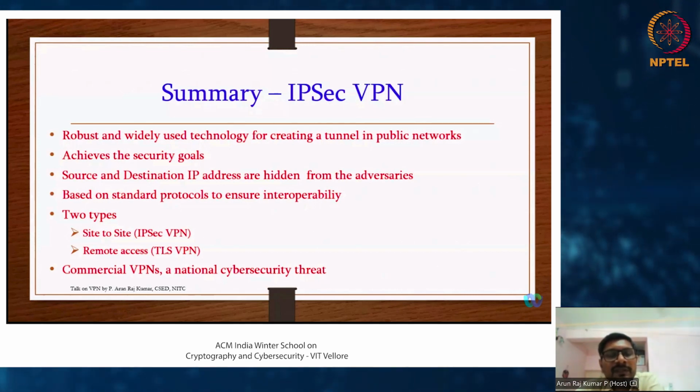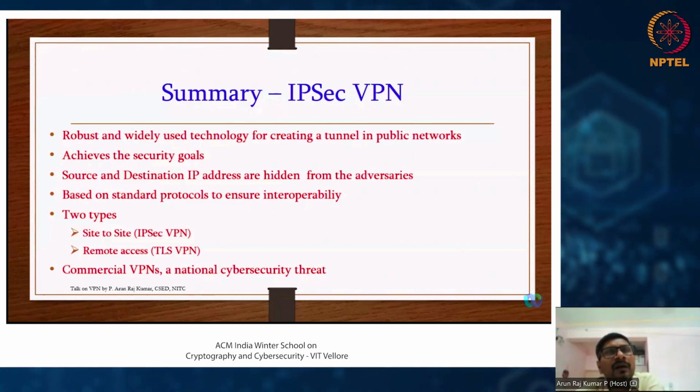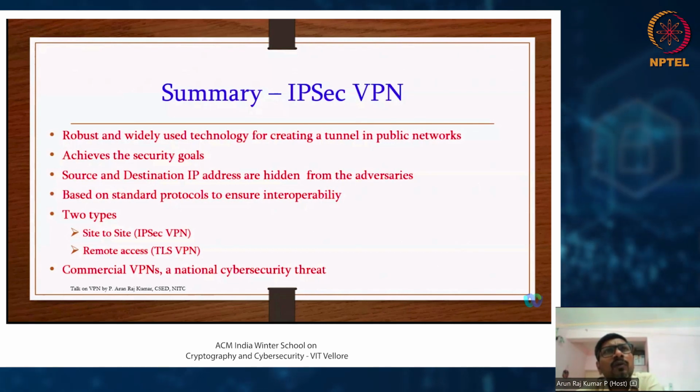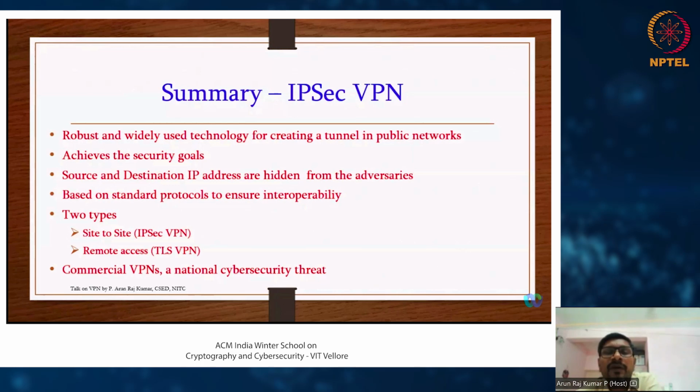Commercial VPNs are basically a national cybersecurity threat. This is from the Indian perspective. India is classifying commercial VPNs as a national cybersecurity threat. To summarize, there are almost 2,500 VPN servers worldwide, and I think some one third of the servers are falsely claiming their locations and are not genuine.